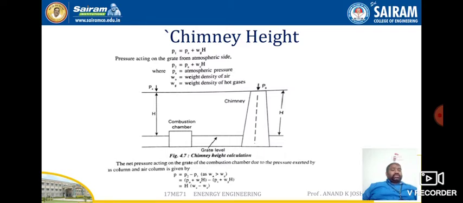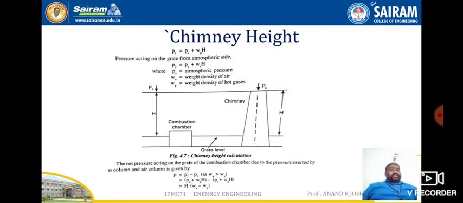The pressure acting on the grate from the atmosphere side is P2 = PA + WA·H, where PA is the atmospheric pressure, and WA and WG are the weight densities of the air and the hot gases.